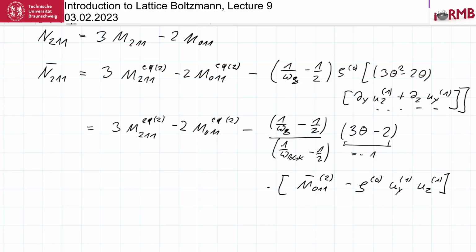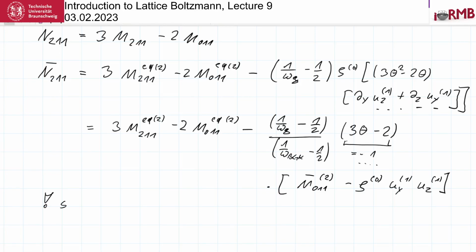Okay, so in principle, we don't see that anything changed much other than the sign. I mean, this will still be large, because we still divide by the viscosity. Still large. Only the sign changed.